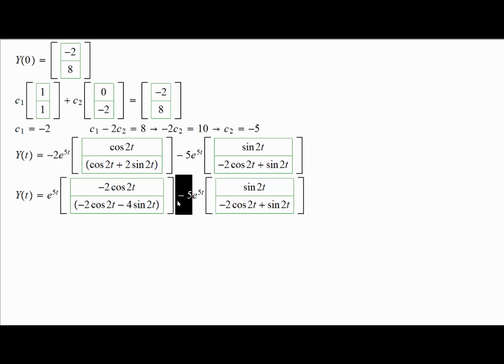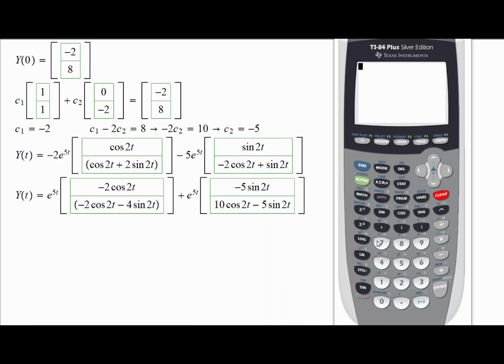And then we got plus, and here minus 5, and this will be plus 10 cosine 2t, and this would be minus 5, right? Now we get our calculator here, making sure we are in radian mode.